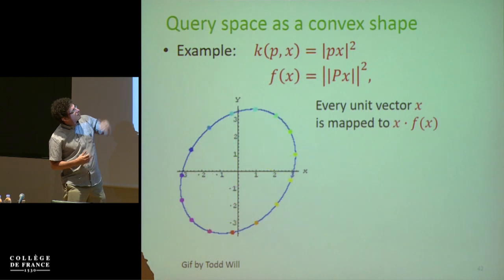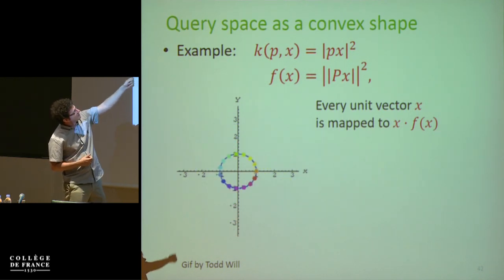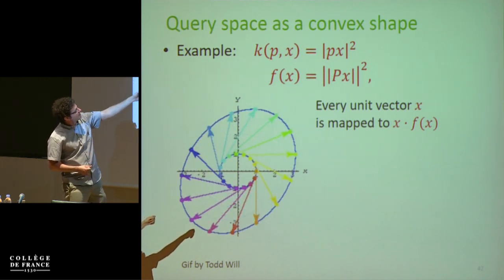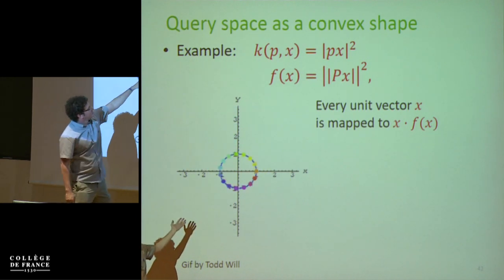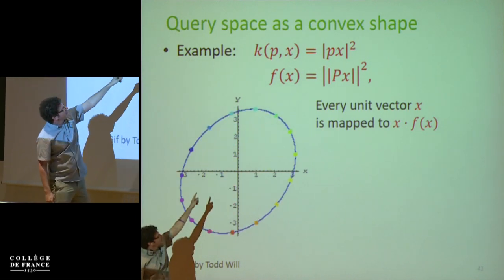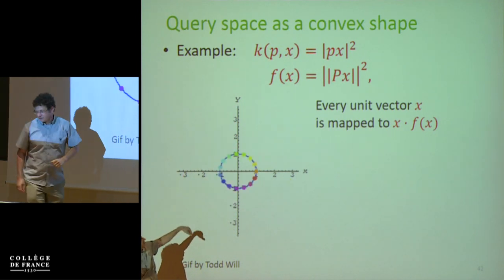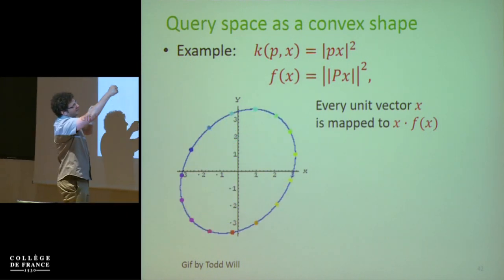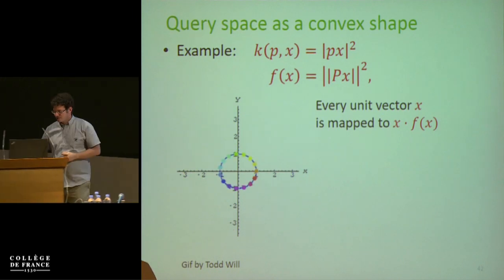Each row is a point in P. If we take some x and compute norm Px squared, we get essentially an ellipsoid in d-dimensional space. We take the unit sphere, we apply f on it, and we get an ellipsoid, by just taking for each direction a distance of x multiplied by f(x), the value in this direction.